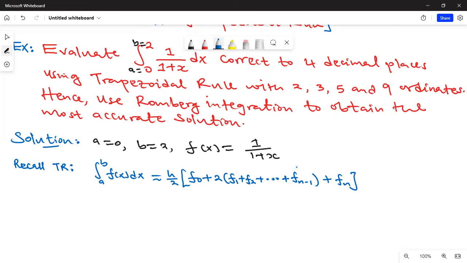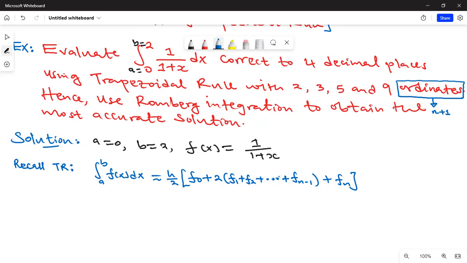The f0 all the way up to fn are ordinates. What is important here is that there's a relation between ordinates and the number of subdivisions: the number of ordinates is always n plus 1, where n is the number of subdivisions.